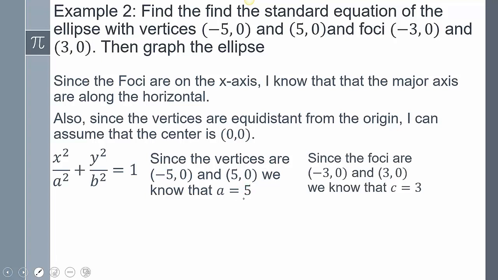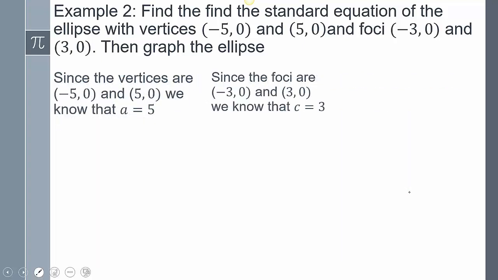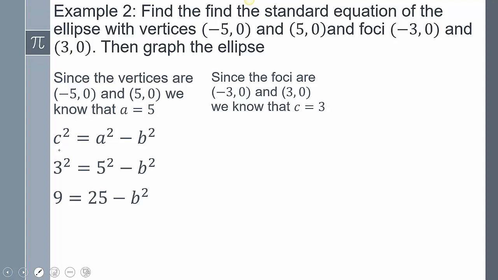And then because my foci are -3, 0, and 3, 0, I know that my c is going to be 3. And so piecing that together, I want to find what my b is. So I have to plug in 5 and 3 into the equation c squared equals a squared minus b squared. Solving for b, you're going to get b equals 4.